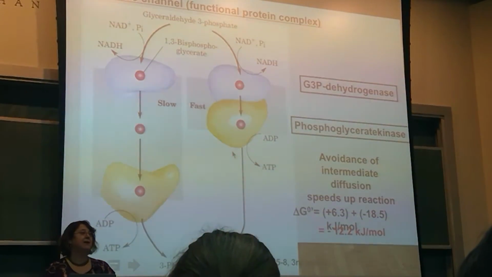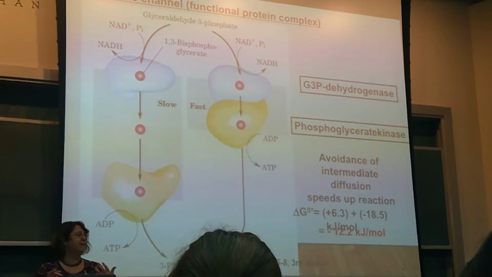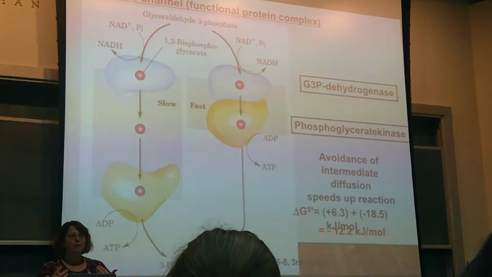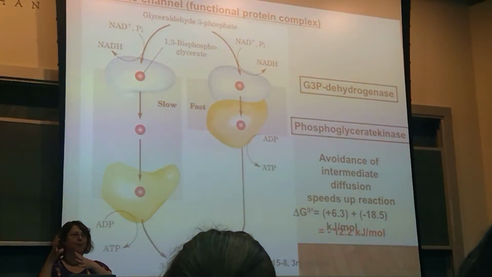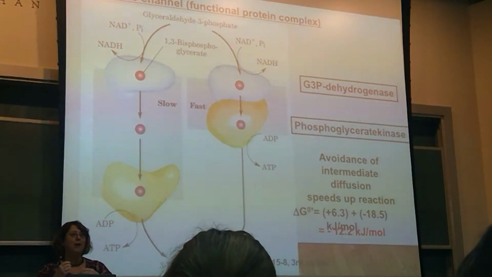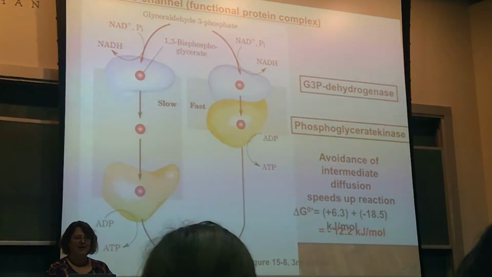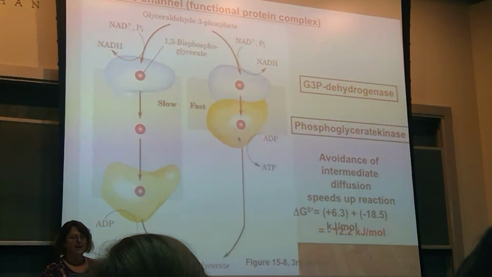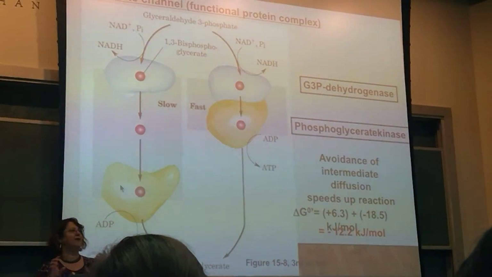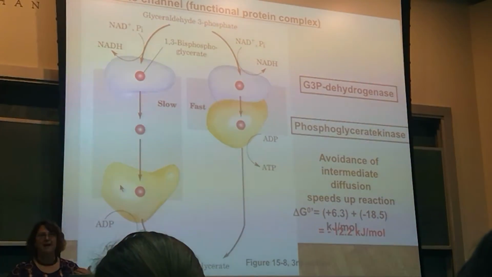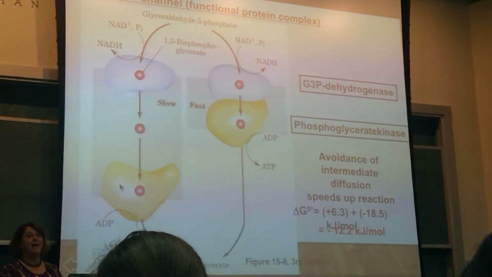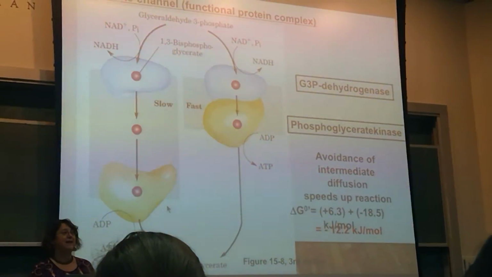Judith Quinlan in chemistry was one of the people who discovered channels and was able to see them under electron micrographs. They literally look like a channel. It's very cool. And this really speeds up the reaction, because otherwise it depends on temperature and other physical factors, how often that molecule is going to hit the next enzyme.